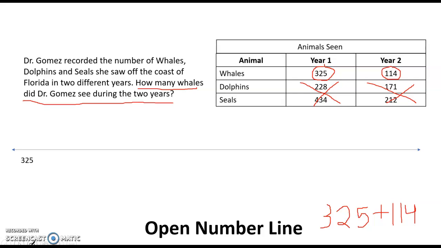I'm going to start with 325 on this side of my open number line. We're going to be adding up 114 to get our answer at the end.